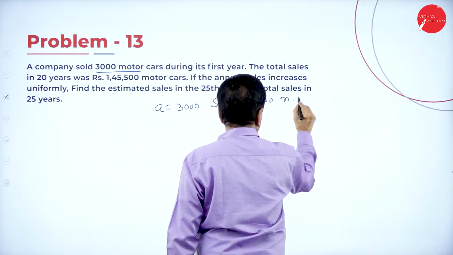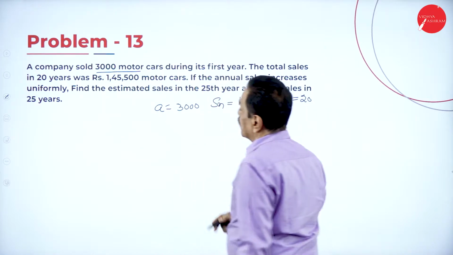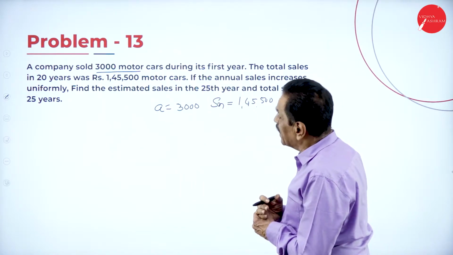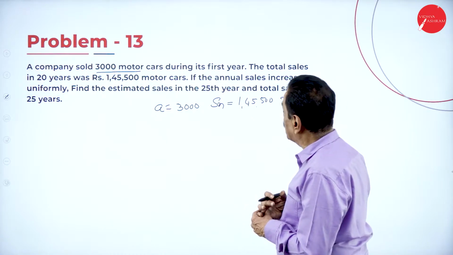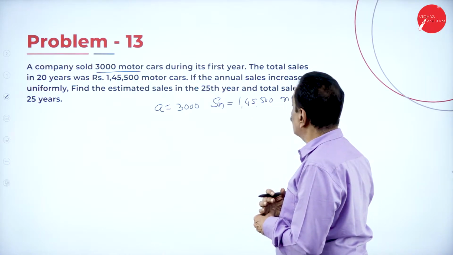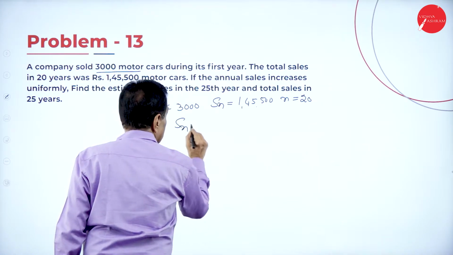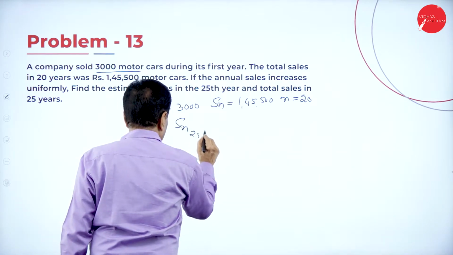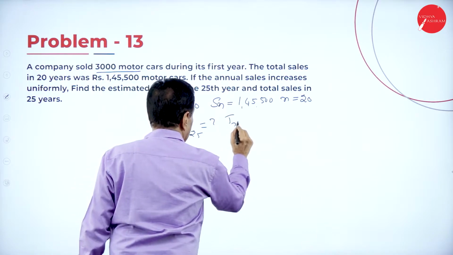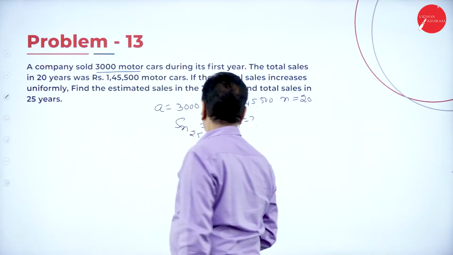N is 20 years. If the annual sale increases, you find the estimated sale in the 25th year and total sales in that. So they want S25, and T25. This is the question he's asking.